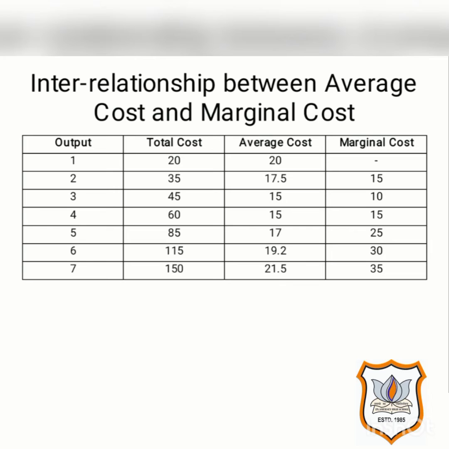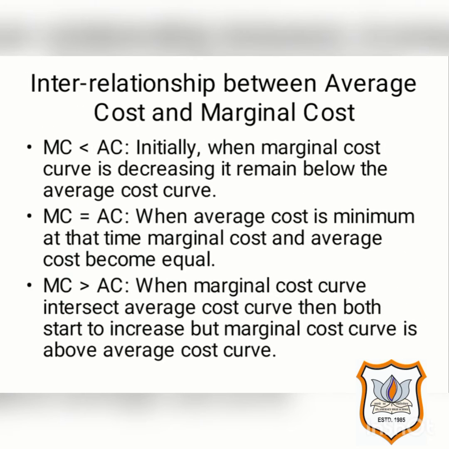And when we draw the diagram on the basis of the schedule, the kind of relationship obtained is stated as given here. See, the first relation is marginal cost is less than average cost. So initially, when the marginal cost curve is decreasing, it remains below the average cost curve.